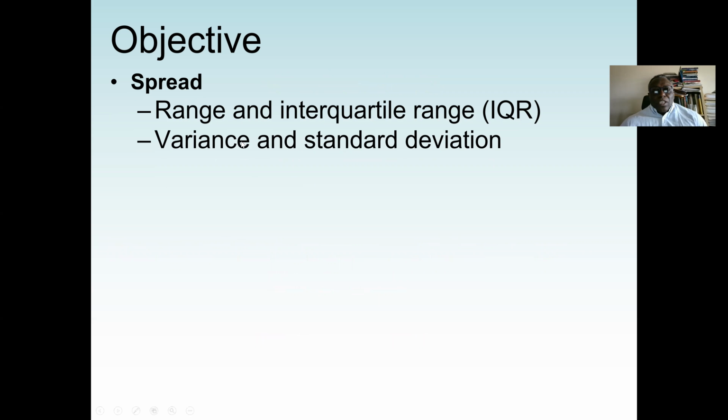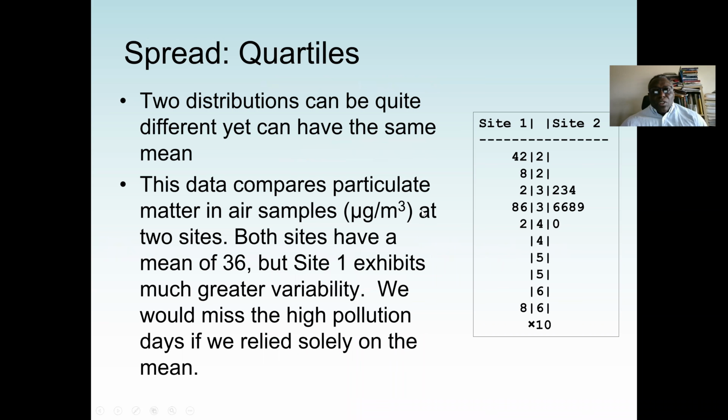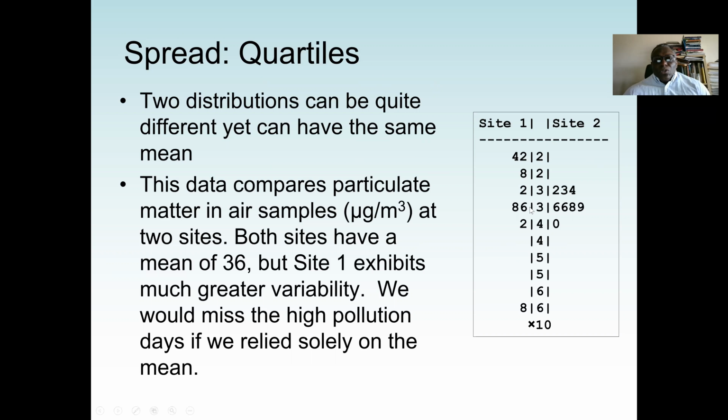Here we're going to discuss the range, interquartile range, variance, and also standard deviation. So we start with the quartiles. Here is an example: sometimes we have two distributions of data sets that can be quite different, yet they have the same mean. We have two data sets, site 1 and site 2.